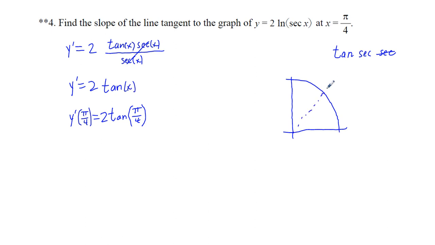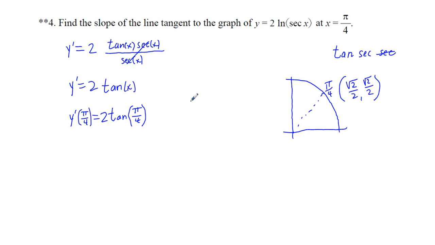Pi over 4 is right here, equidistant between the x-axis and the y-axis. So the sine and cosine are going to be square root of 2 over 2, and square root of 2 over 2.